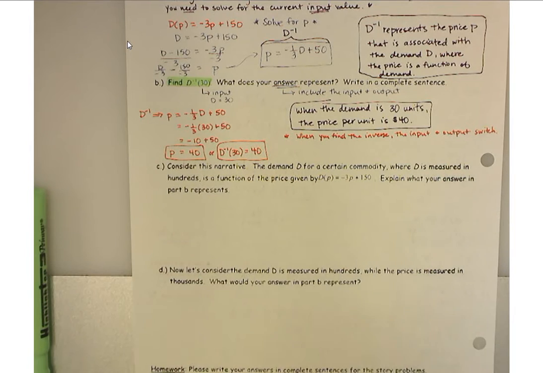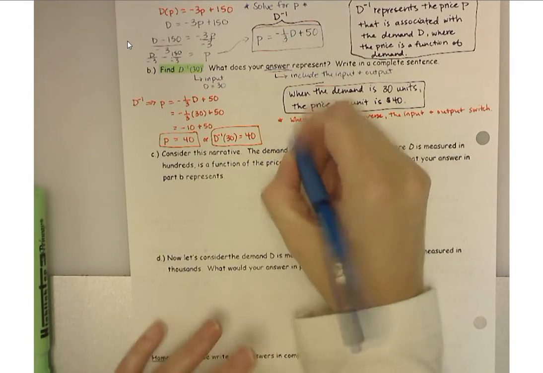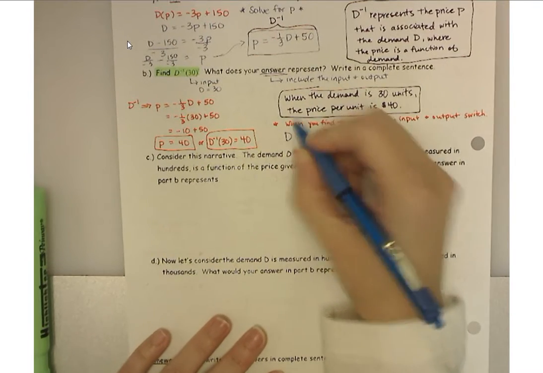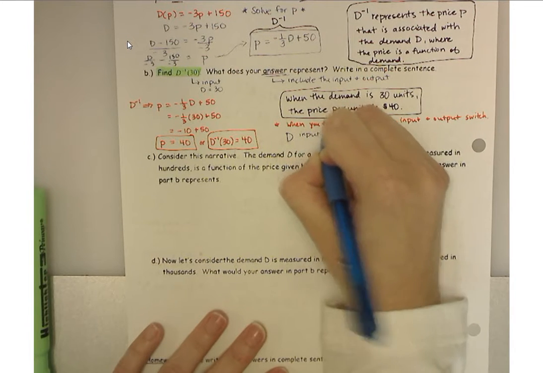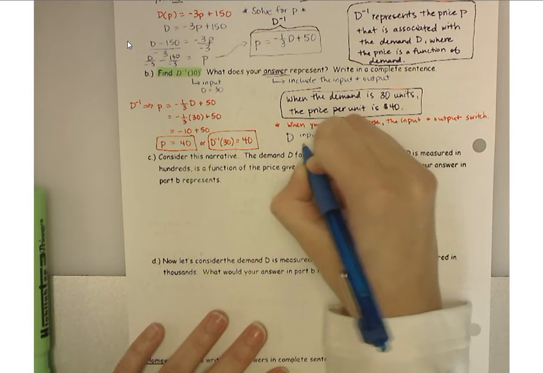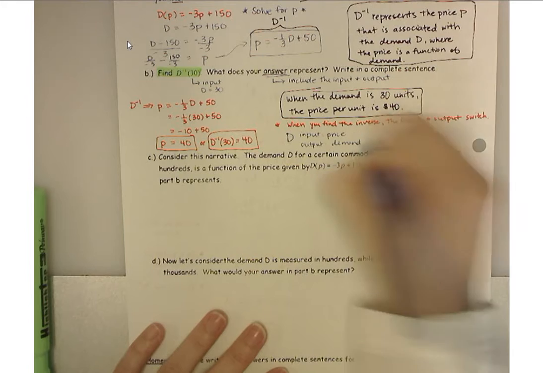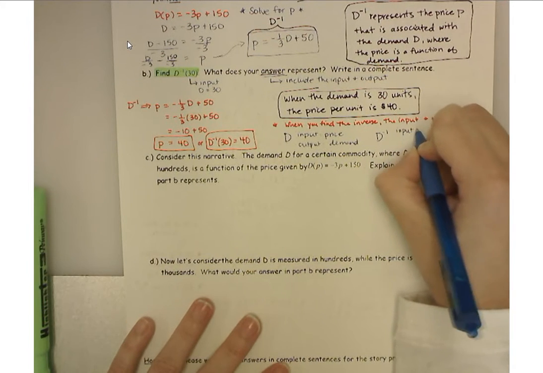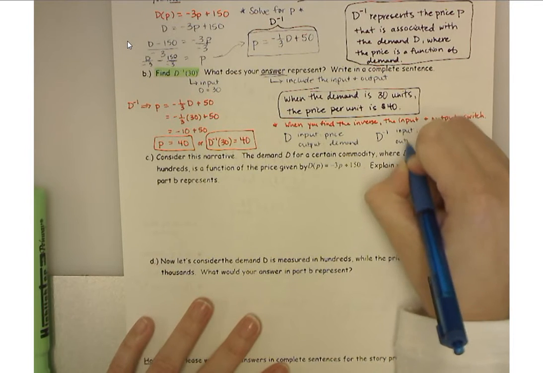For this problem, we only had to find what happened in the inverse. There are some where you may have to find what happens in the original and not just in the inverse. So keep in mind for our first equation, which was D of P, your input was the price, your output was the demand, and now that we have the inverse, your input becomes the demand and your output becomes the price.